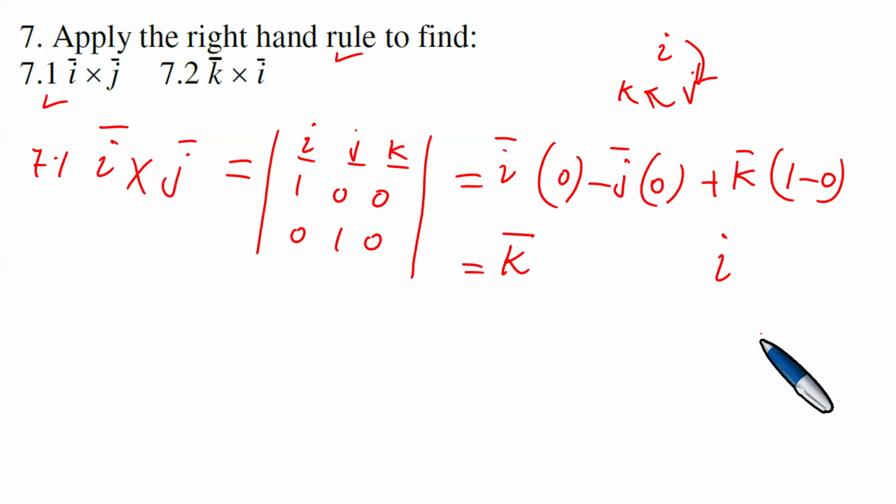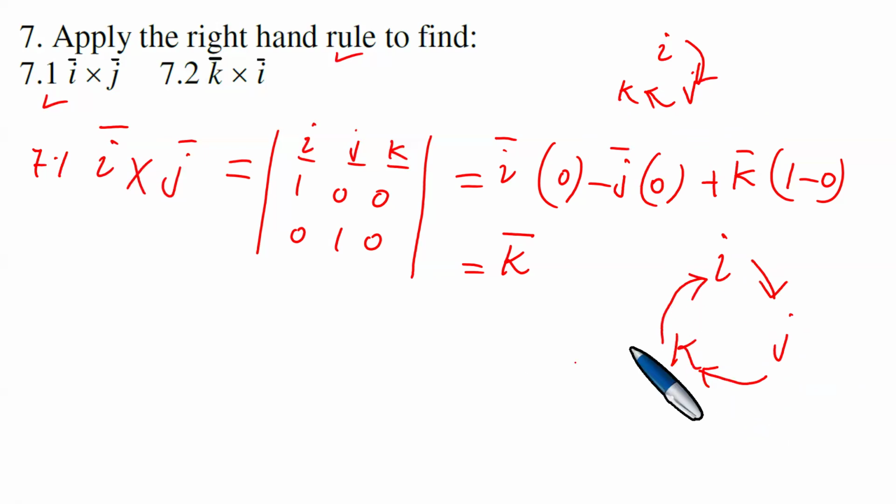So you can put I here, J there, and K here. If you say I cross J, it gives you K, and you have this particular direction. Any vector cross product that is opposite to this, that goes against the direction of the arrows, would yield a negative result. Let's take a look at what this means.